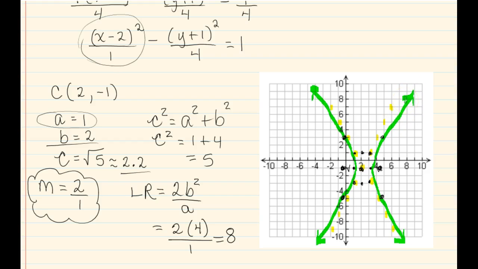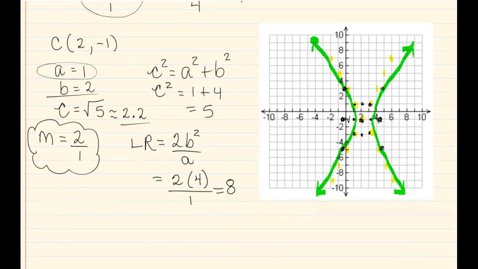So those green lines represent our hyperbola. Last thing we need to do is to make sure we state our asymptotes. So our equation is going to be y minus a negative 1, which would be y plus 1, is equal to plus or minus our slope, which is 2, or 2 over 1, and our x value of x minus 2.